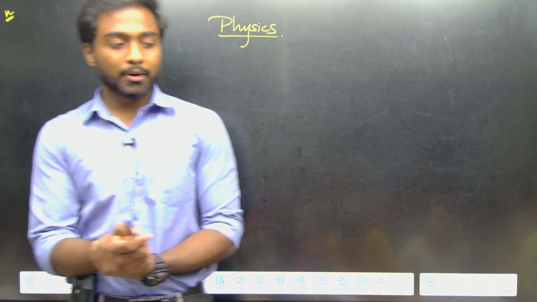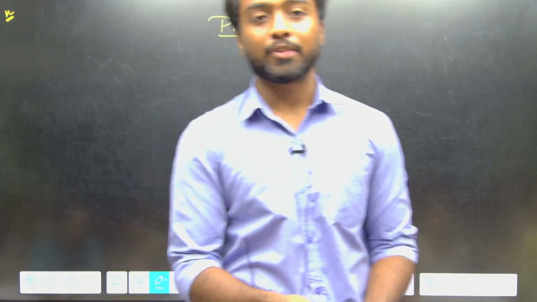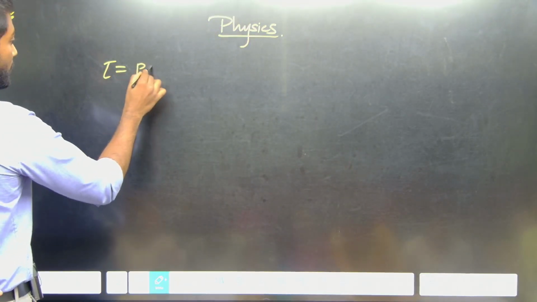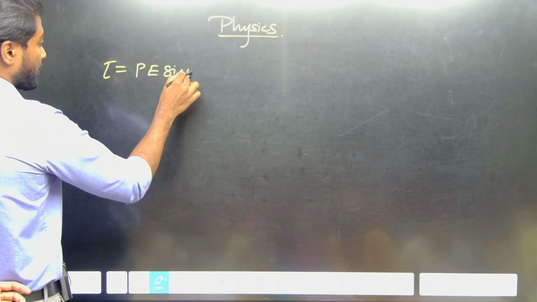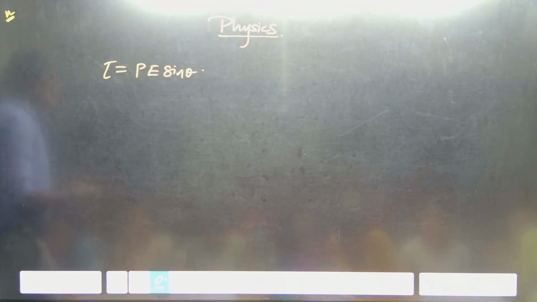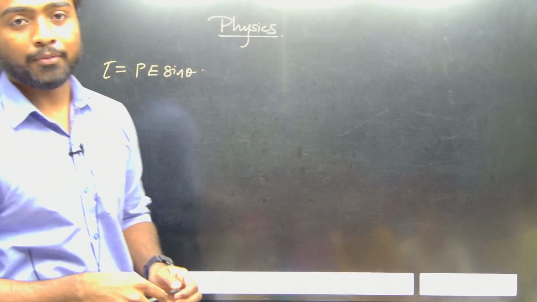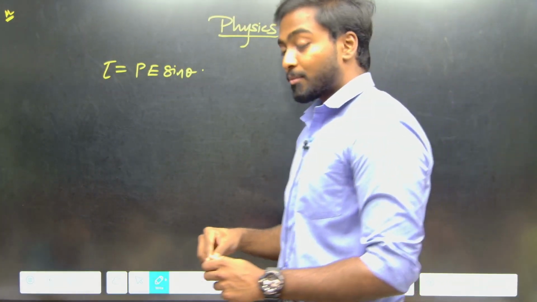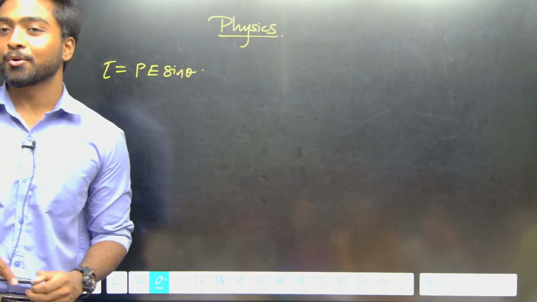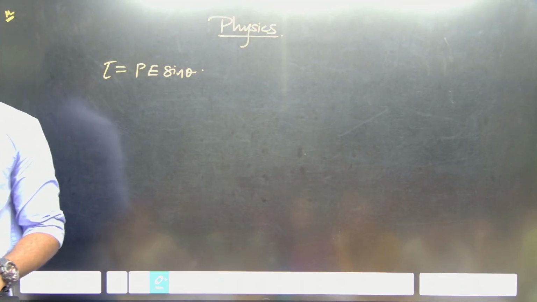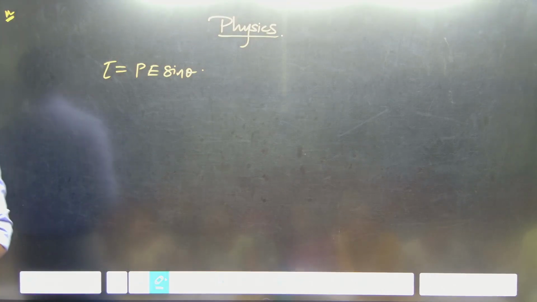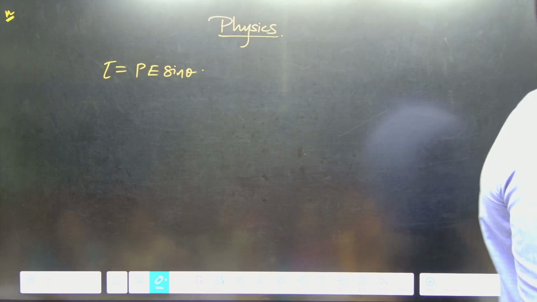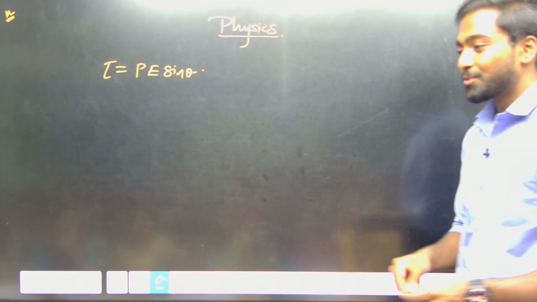So what is the formula for torque we have studied in terms of dipole? Tau is equal to PE sin theta. What is the formula for torque in terms of moment of inertia? Torque is equal to I alpha, moment of inertia times angular acceleration.